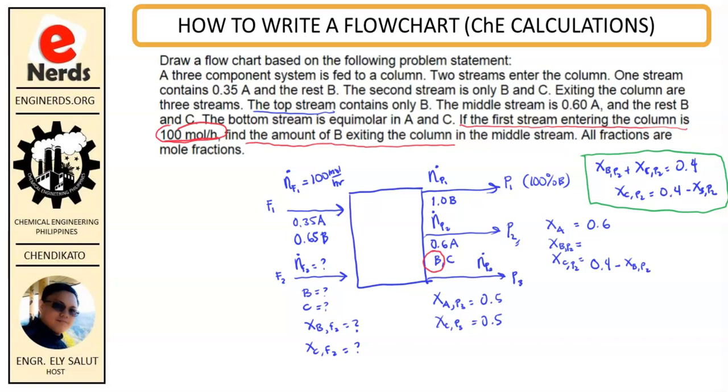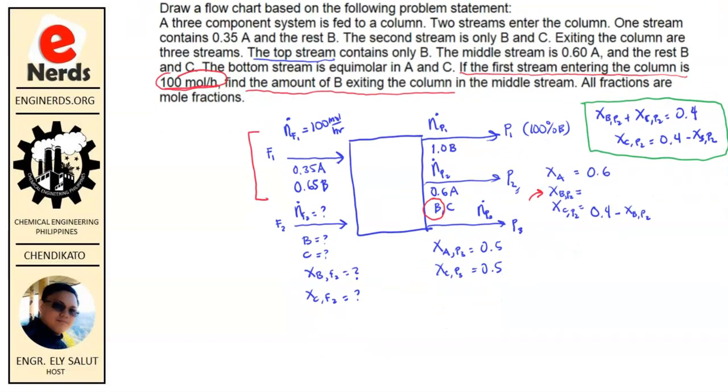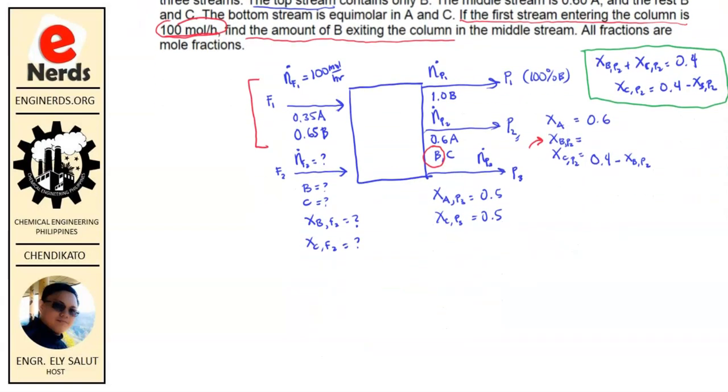Ang meron lang kasi tayo ngayon is yung mole fraction ng B, in which hindi natin talaga alam kung ano pa yung value ng molar fraction. Pero, paano ba natin yung ginagamit? Well, for example, dito sa ating feed number 1, no, itong F1. Paano natin makukuha yung value ng A?